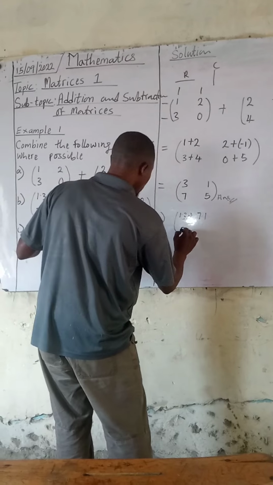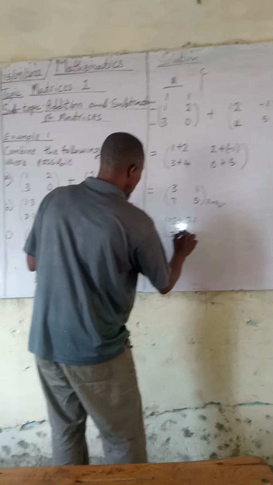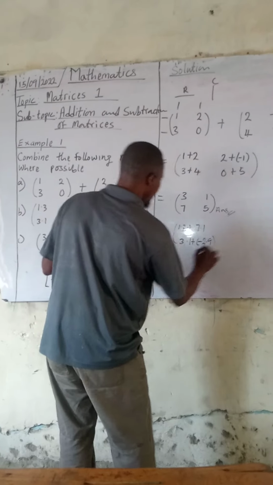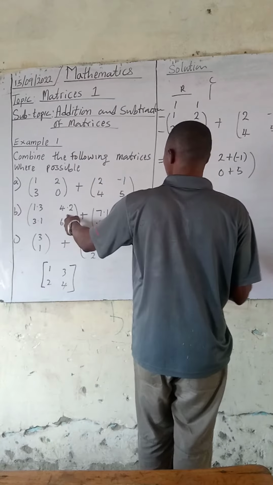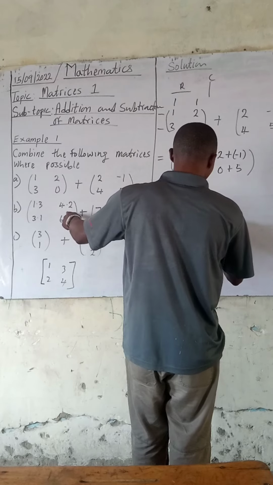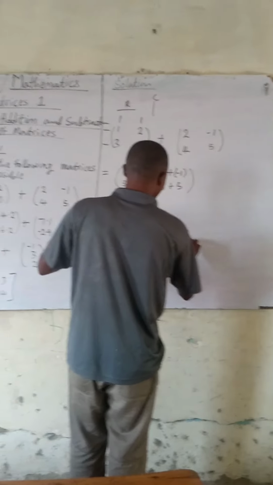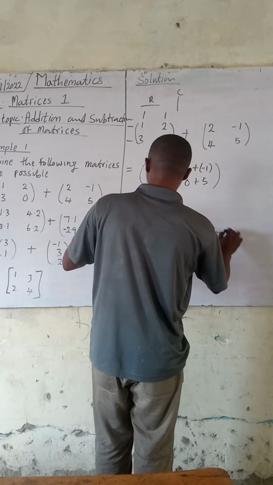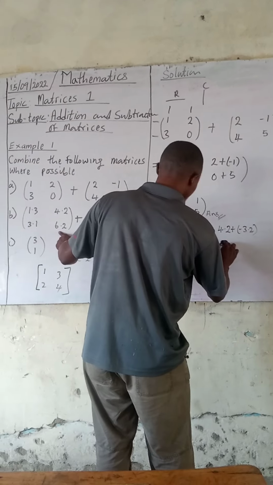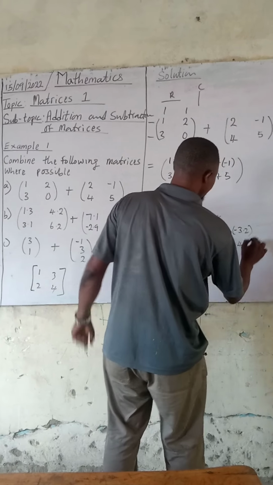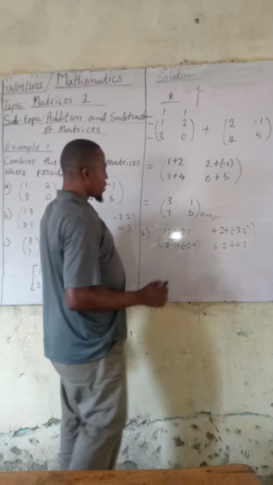Then the second one, 3.1 plus minus 2.9. Then we come to the second column, where we have 4.2 plus minus 3.2. Also 6.2 plus 4.3. So we are going to add them together.